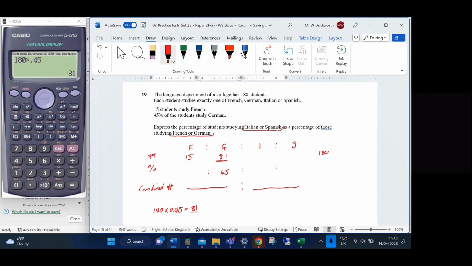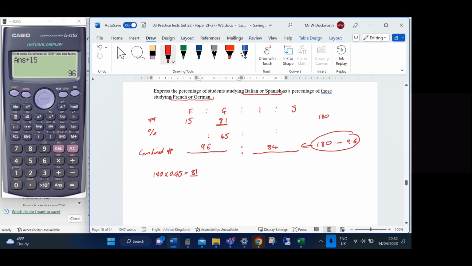Right. So from there, I can go straight to this point, and I can say that the total number of students that study French or German is going to be 15 plus 81. I've got 96 students that study French or German, which means that 180 minus 96, we've got a total of 84 that study Italian or Spanish.